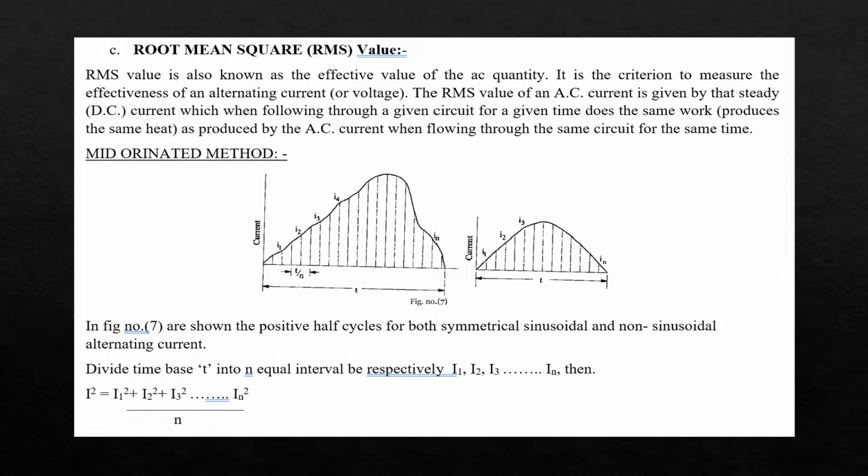It is a criterion to measure the effectiveness of an alternating current. The RMS value of an AC current is given by the steady DC current which, when flowing through a given circuit for a given time, does the same work and produces the same heat as produced by an AC current flowing through the same circuit for the same time.